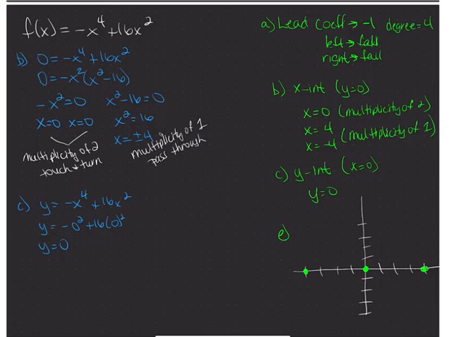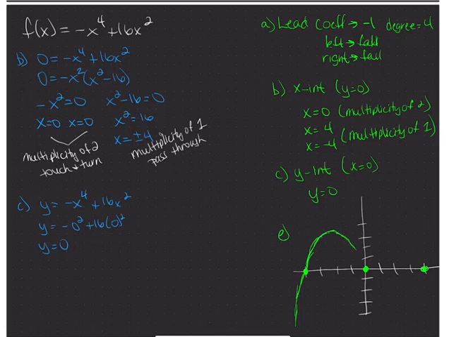So we got 3 points. We know that our leading coefficient was -1 with that degree of 4. So we know that both ends are going to fall. They're going to go in the same direction. So that's telling me I'm going to come through here, right? I got to turn, because multiplicity of 1 we go through. So we pass through -4. And then somewhere around the lines we're going to turn.